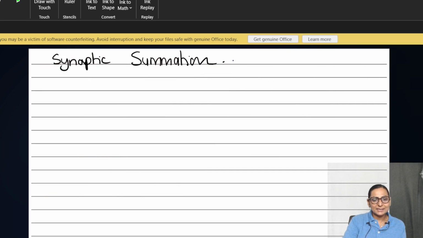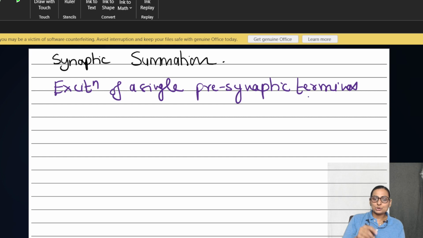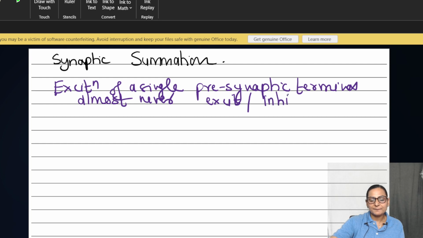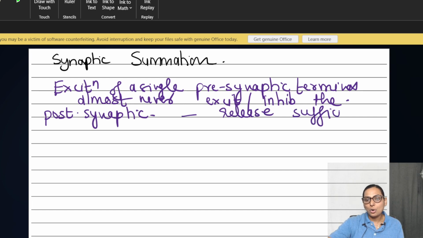Now basically what happens, if you see in the case of neurons, if you bring about excitation of a single प्रीसिनेप्टिक टर्मिनल. ठीक है, आपने कोई भी एक सिंगल प्रीसिनेप्टिक टर्मिनल को अगर एक्साइट किया, this excitation of a single presynaptic terminal at a particular moment of time almost never excites or inhibits the postsynaptic terminal. ठीक है, मतलब अगर आपने सिर्फ एक स्टिमुलस दे दिया तो that one stimulus, if it is passing from the presynaptic to the postsynaptic, it is never sufficient to bring about the excitation or the inhibition of the postsynaptic terminal, because it is not able to release sufficient amount of neurotransmitter.